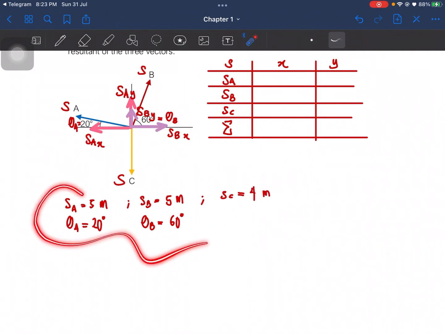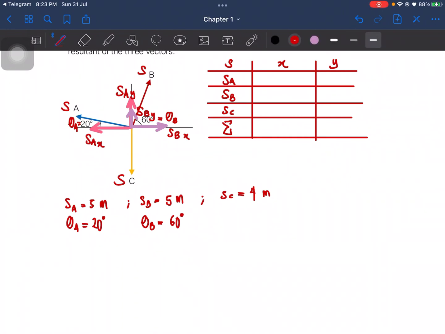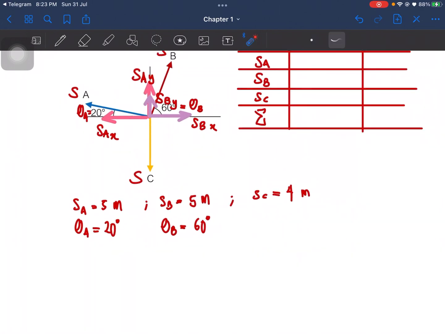Okay, so always try to extract the information from the questions or the figures so that you avoid making silly mistakes. Alright, so for the x component of displacement A, we are going to use cosine theta because this angle is lying on the x-axis.